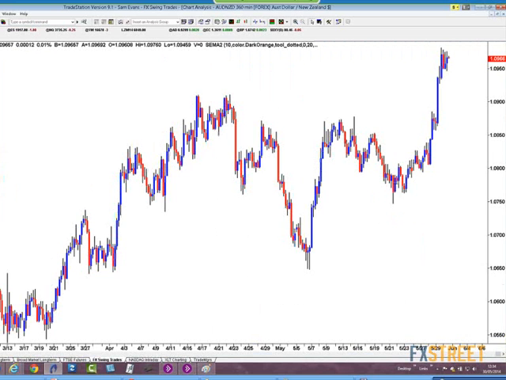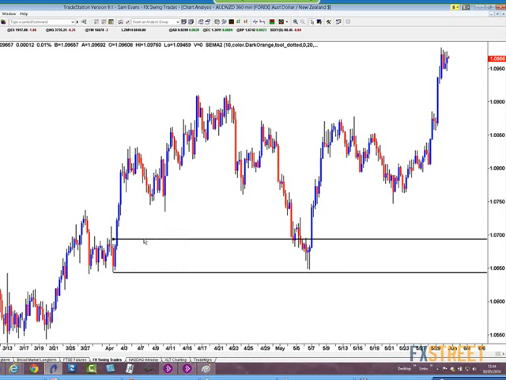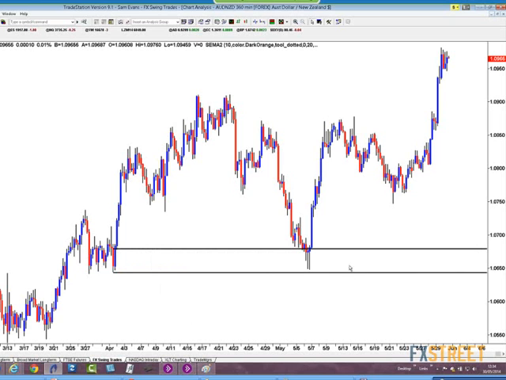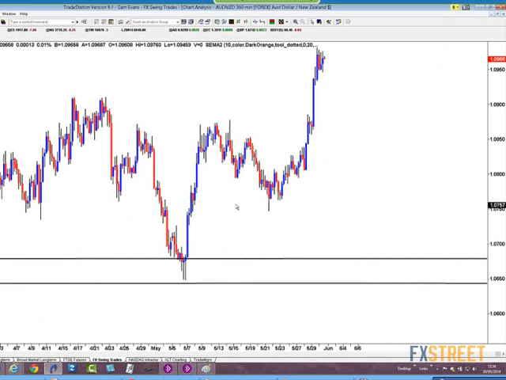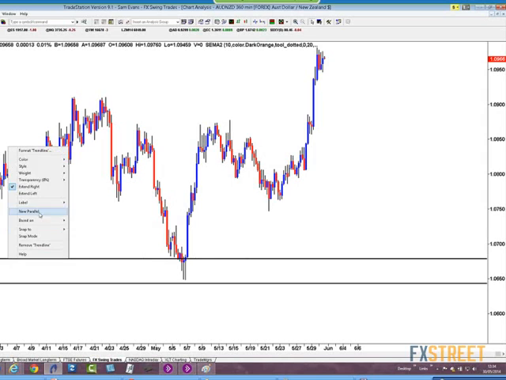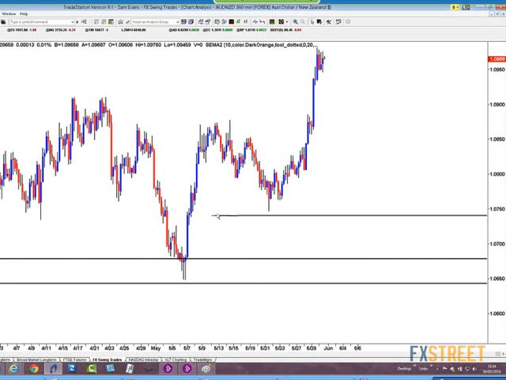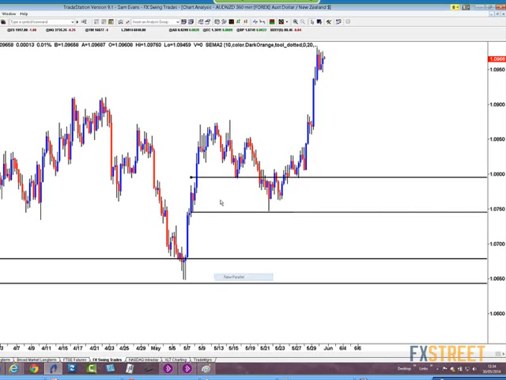The easiest place to get into it was where the demand came in at this previous area, which was the first entry. Then it was about being patient enough to wait for the second entry. The most recent entry I got on this was at this area here.